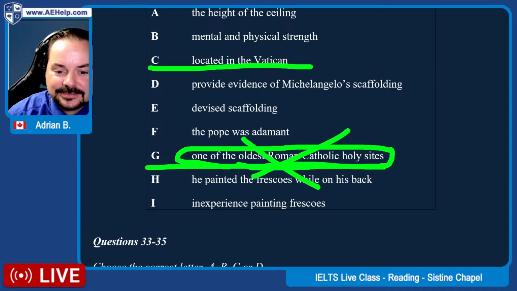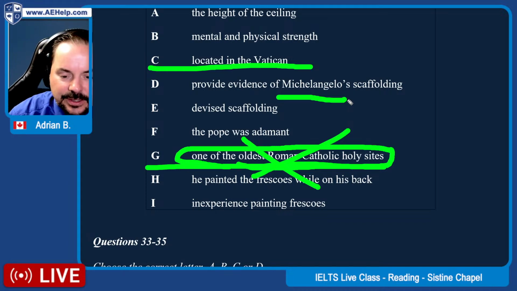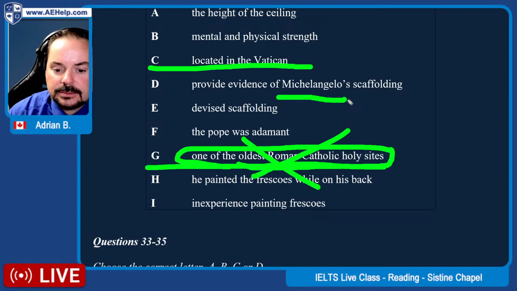Okay. How old is it? Do you remember how old it is? Maybe 1,000 years. No, it was like 400 or 500 years old. Remember Michelangelo? Michelangelo lived about 500 years ago. So it's not 1,000 years old. How old is Catholicism, the religion? Maybe few centuries ago.